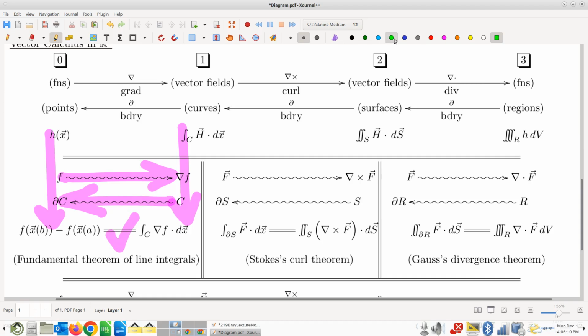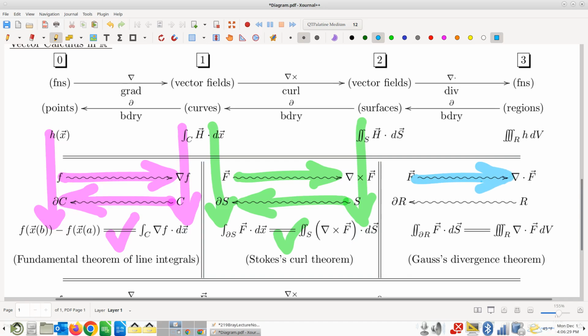If you look at Stokes' curl theorem, that says if you take a curl and you look at the boundary curve of a surface, then this calculation and that calculation always give you the same answer. It's the exact same pattern. And likewise, if you take a divergence and look at the boundary surface of a solid, then that computation and that computation give you the same answer.